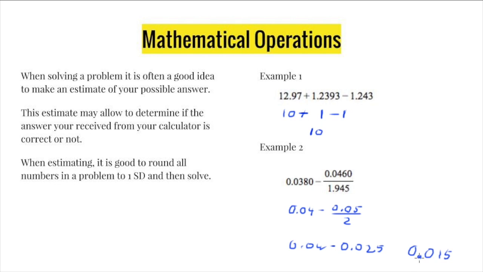So what this tells us is before we even put this expression in our calculator, our answer should come out close to 0.015. If we ended up getting a whole number after we put this in our calculator, we would know it is wrong, and apparently our fingers pressed the wrong buttons. This is one way of us checking our answers.